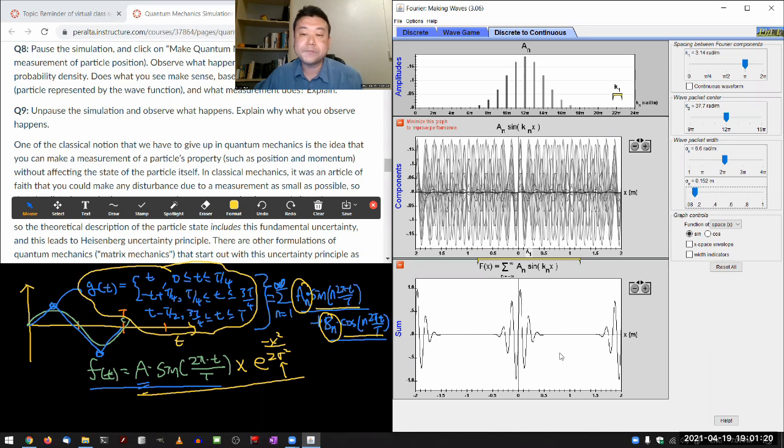So in the other simulation, you saw the representation of a localized wave, a wave packet. And the wave packet necessarily needs to involve multiple wavelengths, or here it's actually plotting the wave number, 2 pi over lambda.